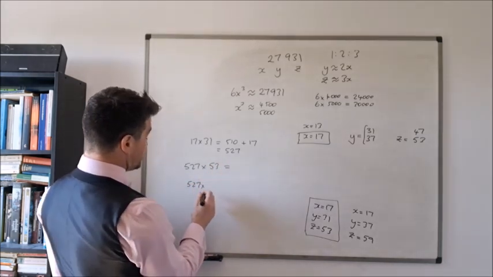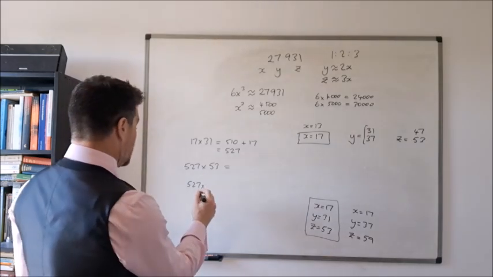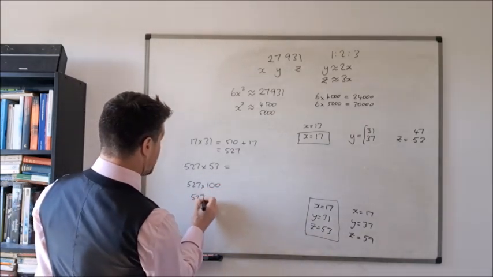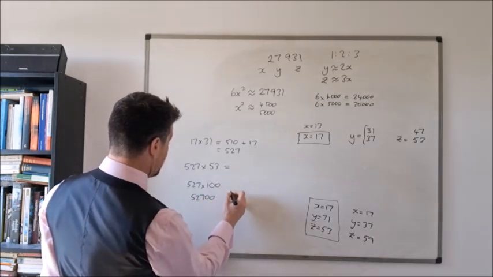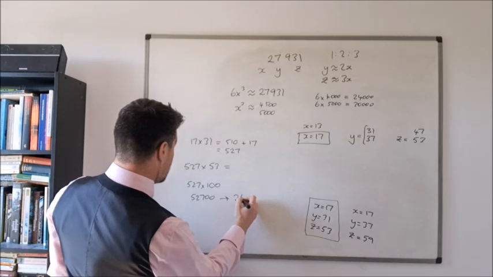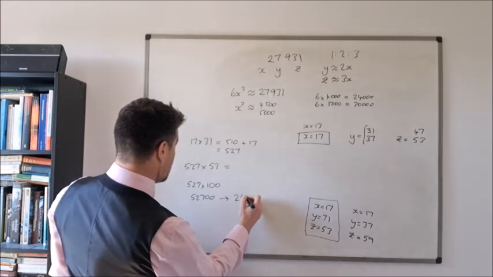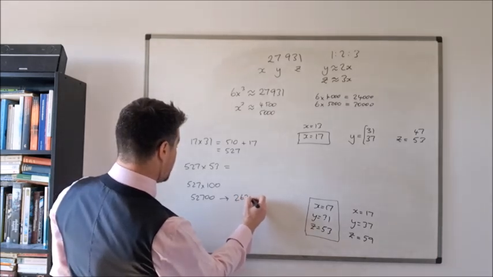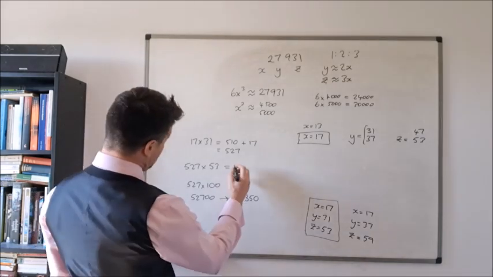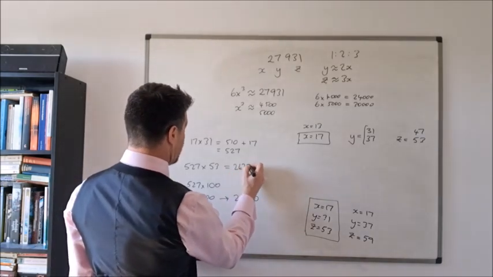527 times 5 times 100 is going to be 52,700. So times 50 is going to be 26,350.